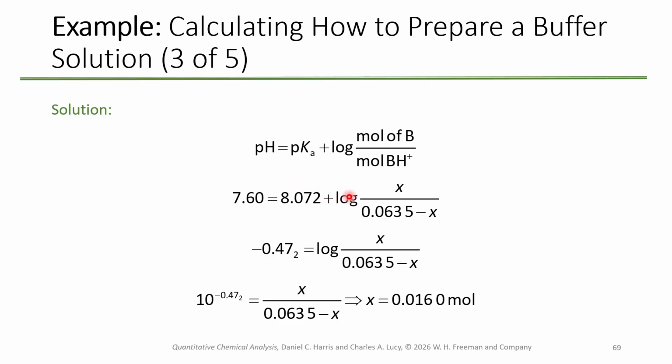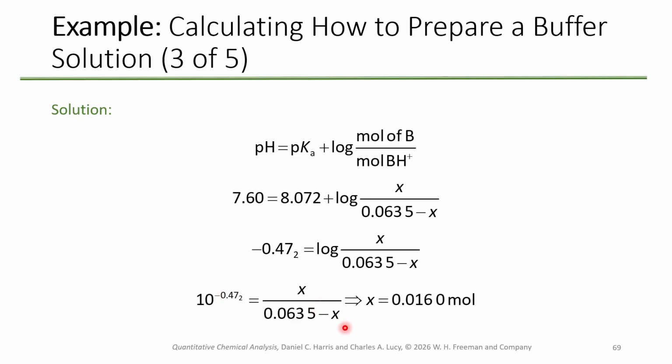This is plus the log. Well, we need the concentration of the B yet, and we don't know the concentration of the BH plus yet. Okay? And so what we need to do now is solve. So we subtract this over. That gives us a negative value right there. We take 10 to the power of both sides. That gives us this equation right here.